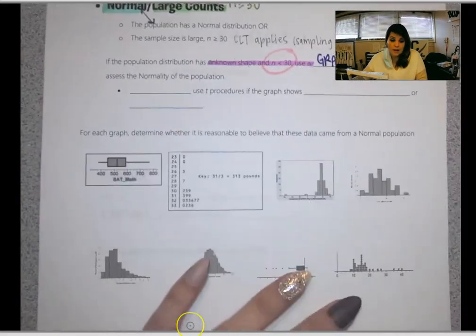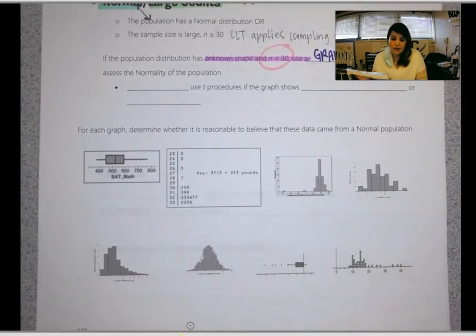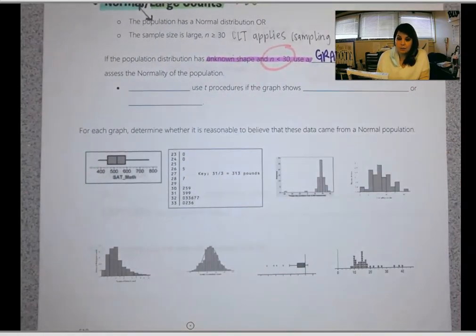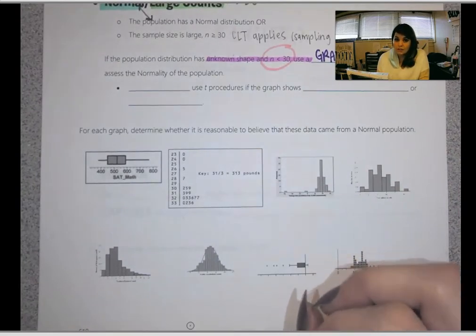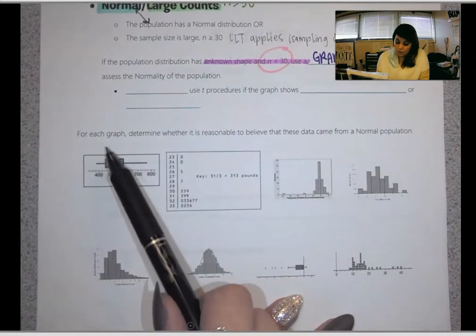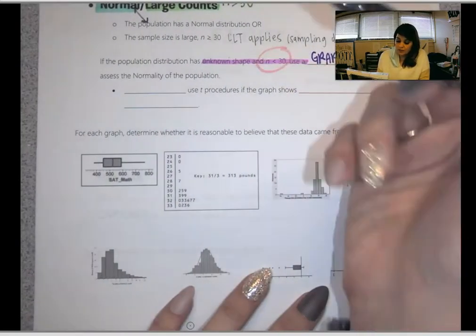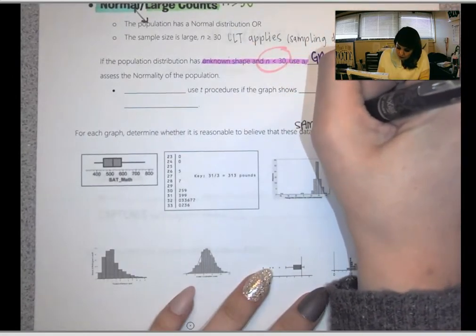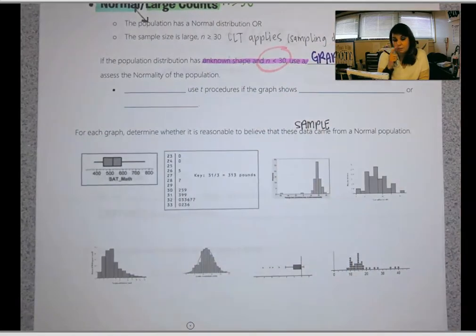So I'm going to reiterate that, but consider some of these graphs down below. Each of these represents sample data. This is 8 examples of sample data. So all of these are samples. Where it says determine if it's reasonable to believe that these data, we're specifically referring to sample data.